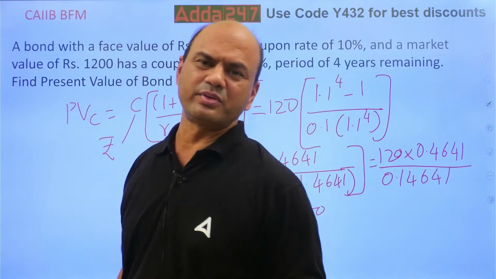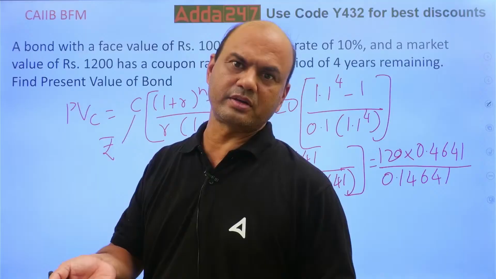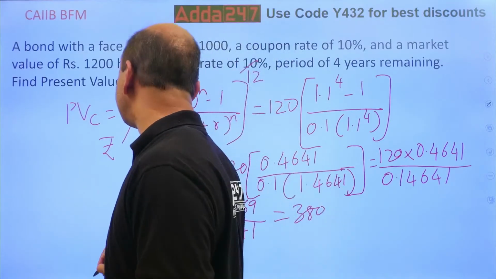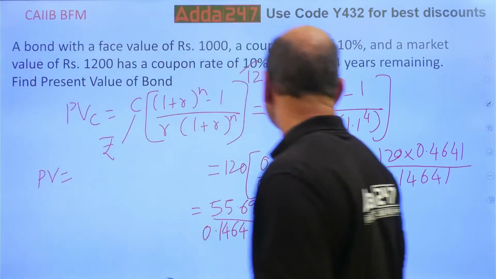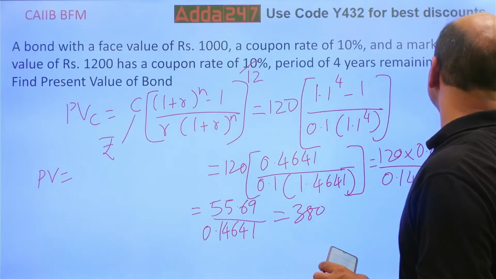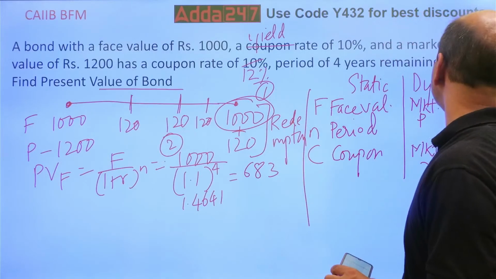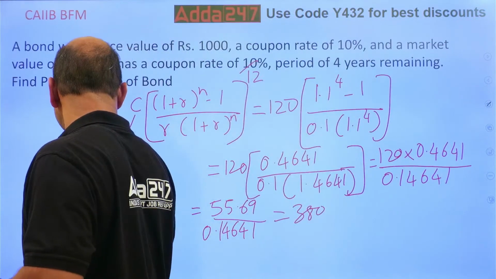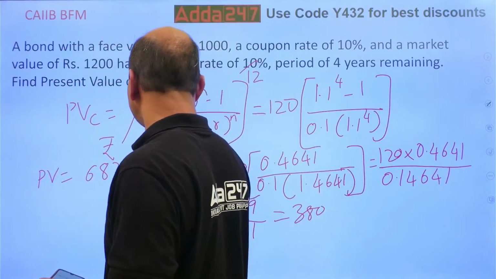So now next, what is the present value? Present value just now we told. It is the total of your face value plus your annuity. So PV will be, what was the present value of this face value? It was 683, right? So 683 plus 380.